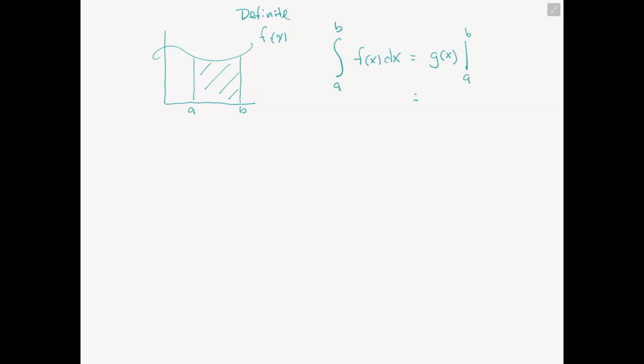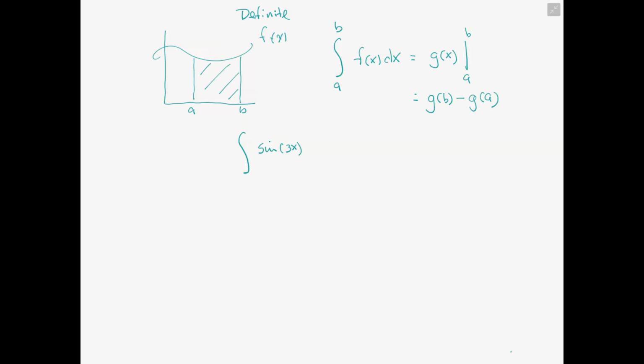Always write the smaller one down below and the larger one on top. The integral of f of x dx is equal to g of x evaluated between b and a, and that's going to be g of b minus g of a.